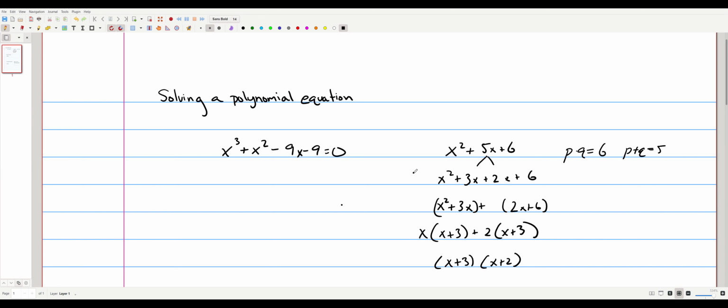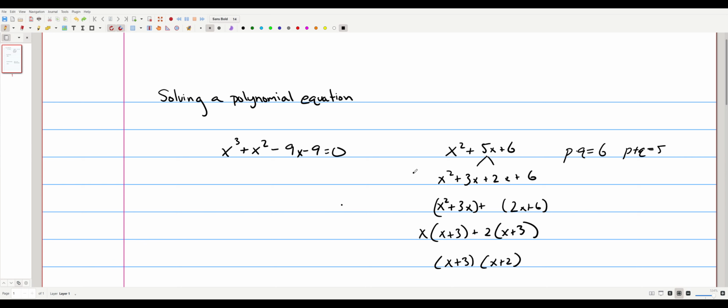We group the first pair of terms together, the second pair of terms together, and then factor out what each pair had in common. So in this case, the x squared plus 3x has x in common, so we factor that out here. And the 2x plus 6 has the 2 in common, so we factor that out there.